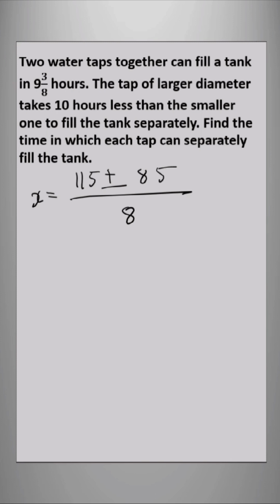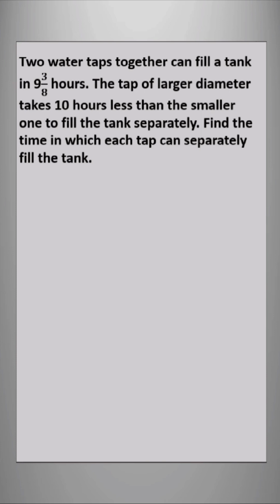When we take positive, we get the value x as 25. When we take negative, x is equal to 30 by 8, which is equal to 15 by 4.